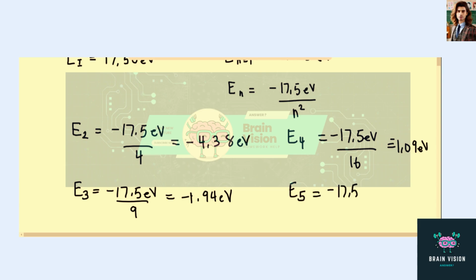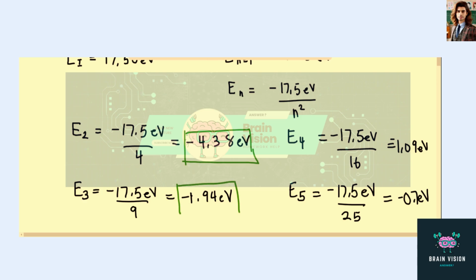And then E5 will be negative 17.5 eV over 25, so that will give negative 0.7 eV. So these are the answers to part A. These are the energy levels of each of the states shown in the diagram.